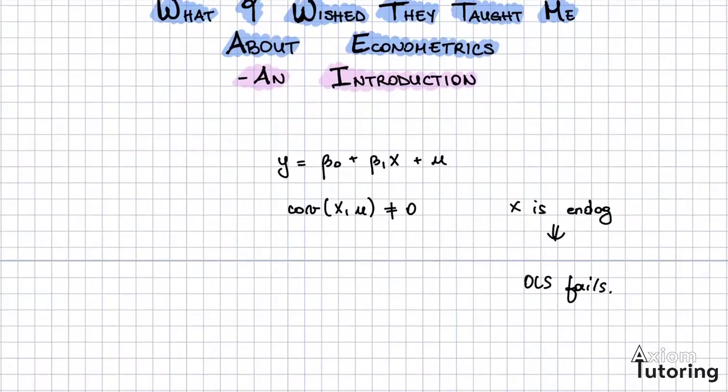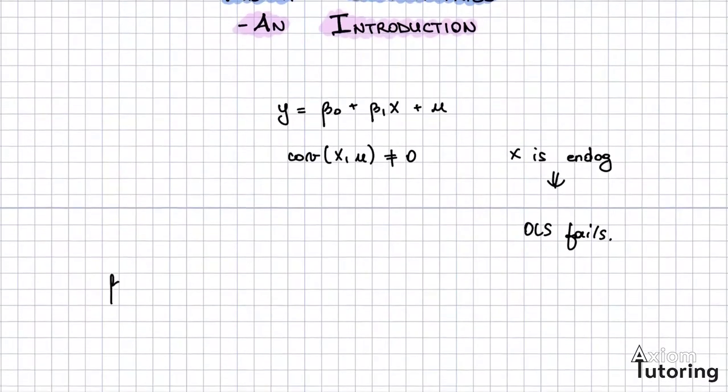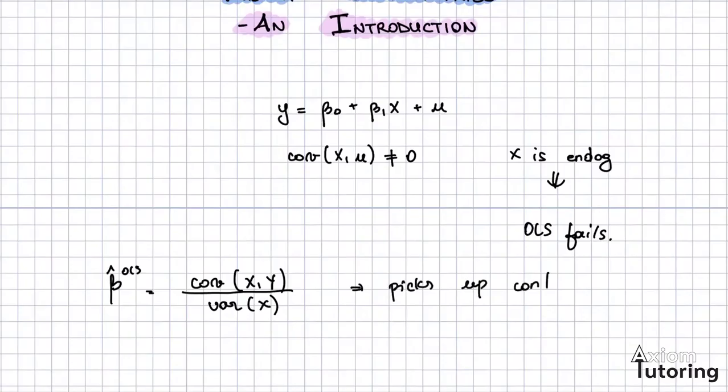And the OLS formula, so the beta hat OLS, which would have been covariance of xy divided by the variance of x, would have picked up the contamination. So we need a different approach.